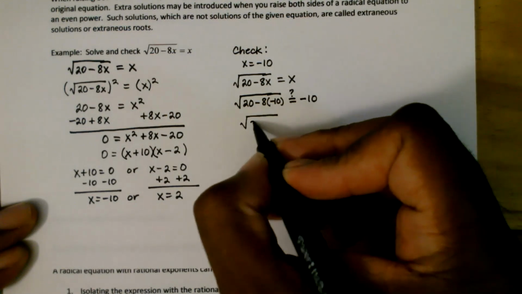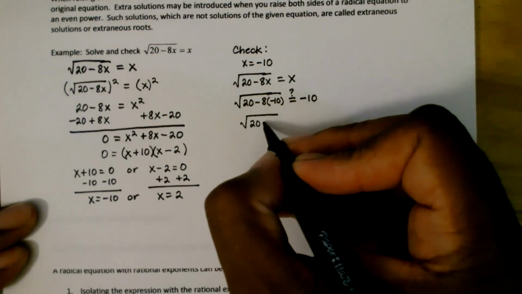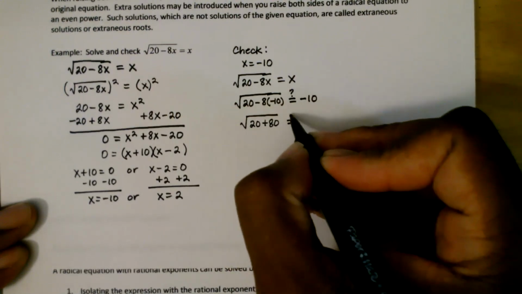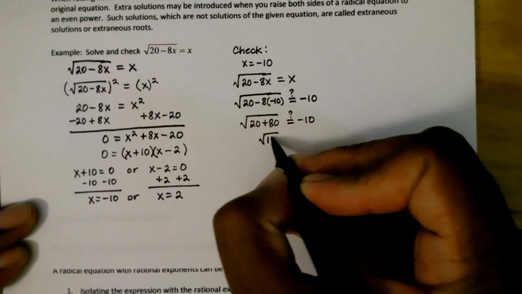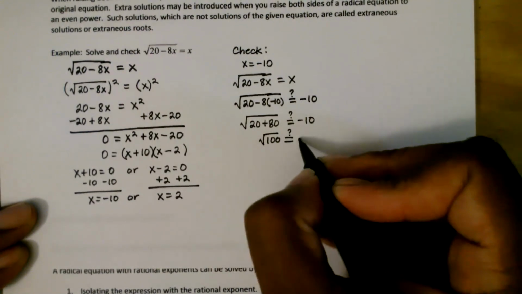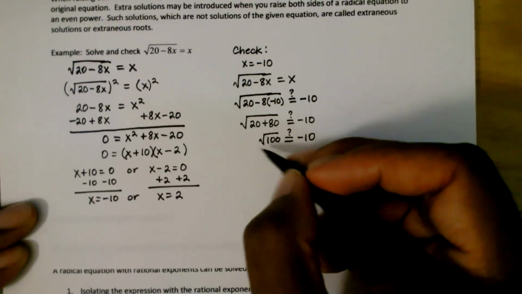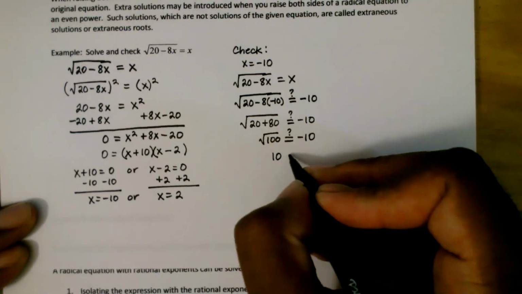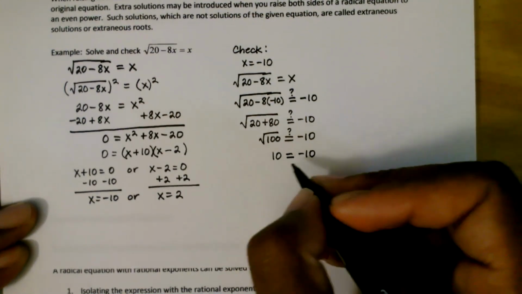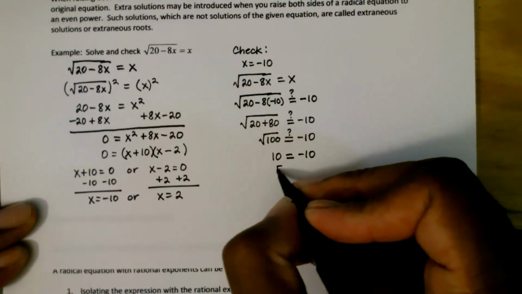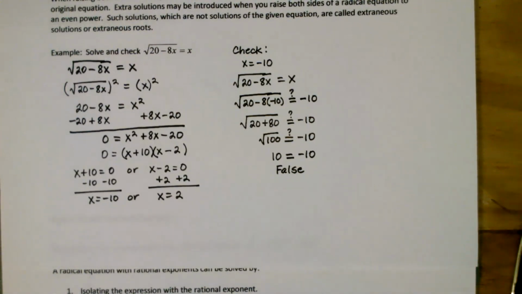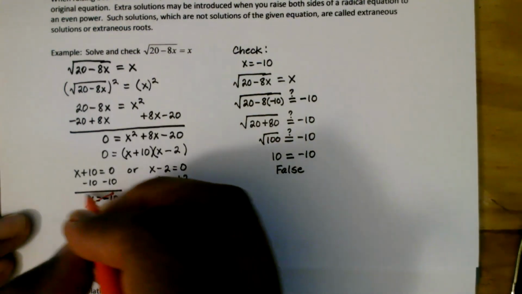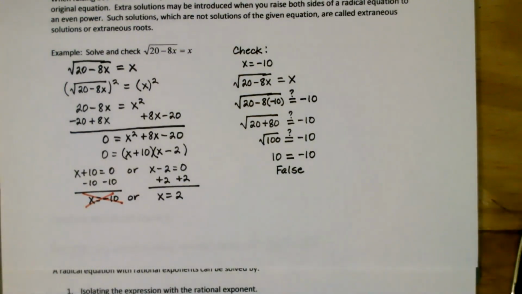Let's simplify this. 20, and then minus 8 times a negative 10 will be a plus 80. 20 plus 80 is 100, so the square root of 100, I want to know if that's going to be equal to negative 10. If I take the square root of 100, that's just 10. And is 10 equal to negative 10? It's not. So that is a false statement. Okay, so that means for x equal negative 10, that's what we call our extraneous solution. So we need to cross out that extraneous solution.